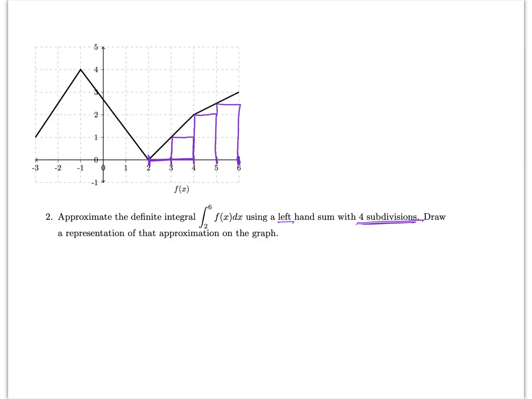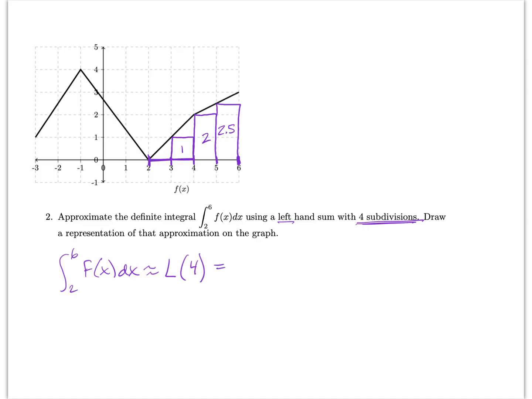and I get the area of each rectangle. This one is 1, 2, and looks like about 2.5. So I would say the integral from 2 to 6 of f of x dx, we are approximating using a left-hand sum with 4 subdivisions.